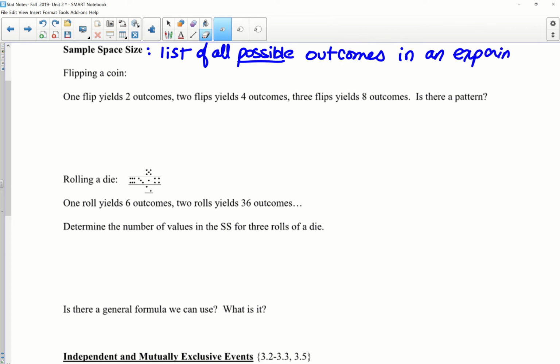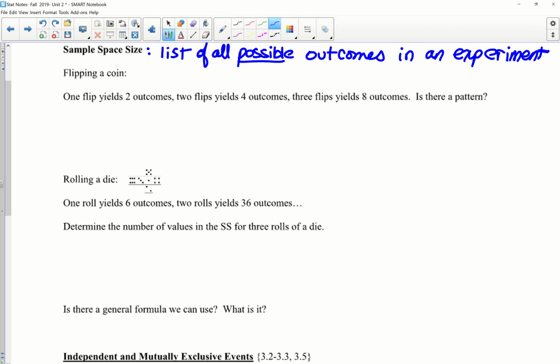In an asparagus? No, in an experiment. But again, here we're not looking to determine what they are, just how many there are.